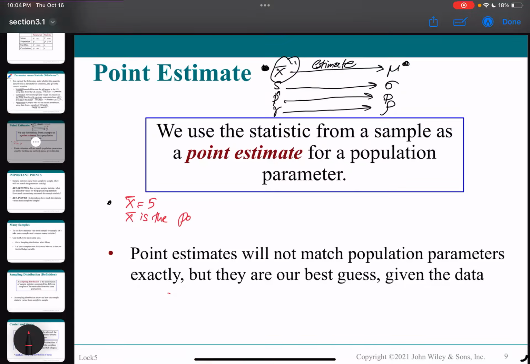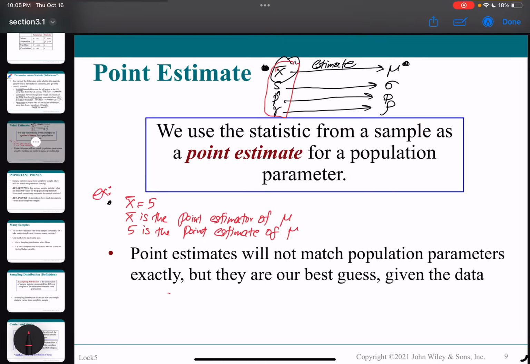Actually, point means that all of these values give us just one value. x bar equals a value. Since we have one value, we call it a point. So these are point estimators. Here x bar is the point estimator of mu, and this value 5 is the point estimate of mu. This is just an example.